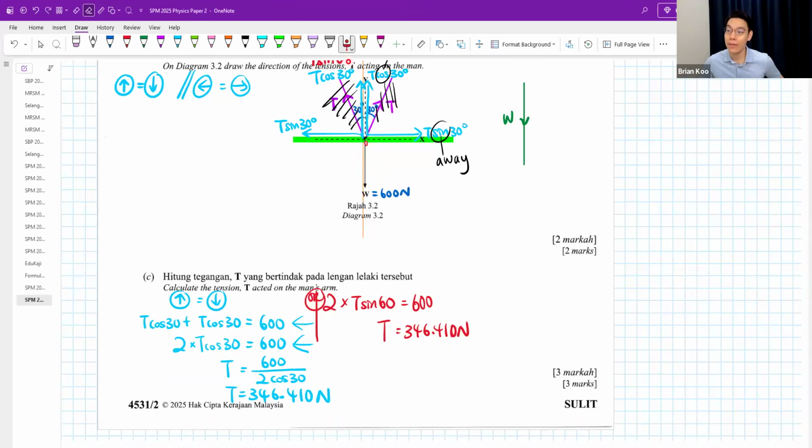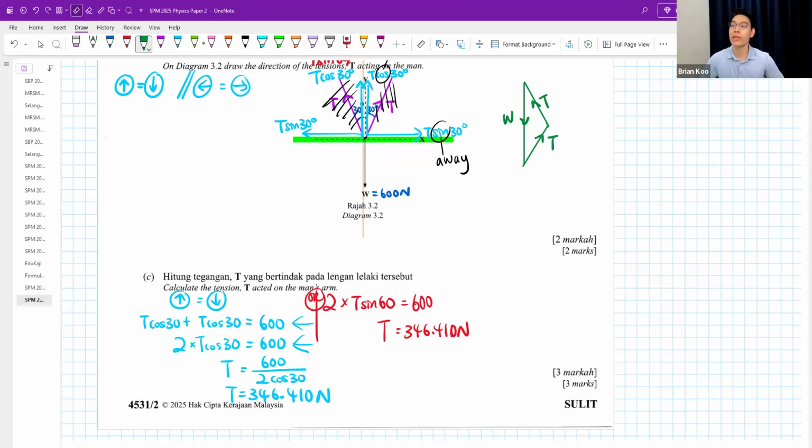Number one, you have a W pointing down, so let's start with that. Number two, you have a tension pointing this way. Maybe I continue like this. And then number three, you have another tension pointing this way. So you continue like that. And this is the triangle that you get, but you're not done.